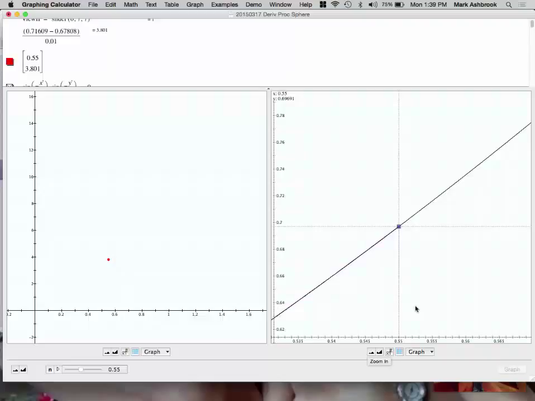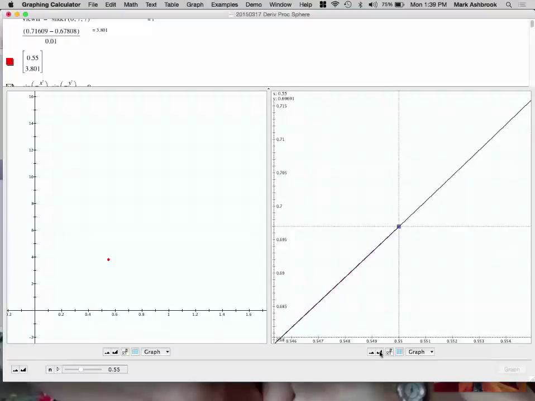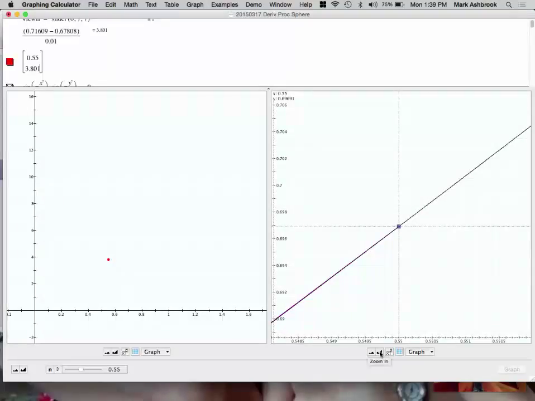Do we need to zoom in closer? I'll zoom in. What am I going to get if I've zoomed in three more times and take two points?